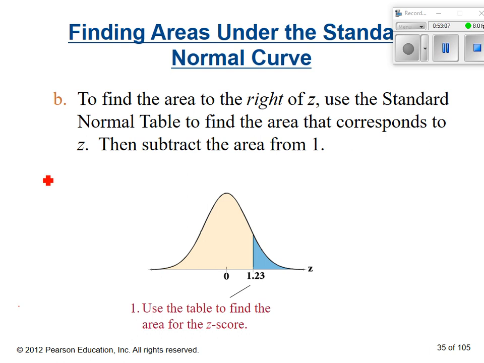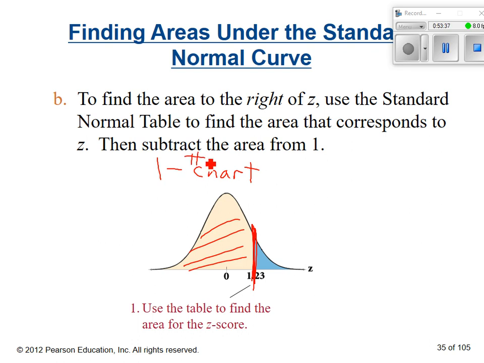If we're finding the area to the right, this is a little different. If you look on the chart, if I go get my chart and I look up 1.23, it's going to tell me this area over here. I don't want that area. So if we're using the chart, we're going to have to look up 1.23 and subtract it from 1.